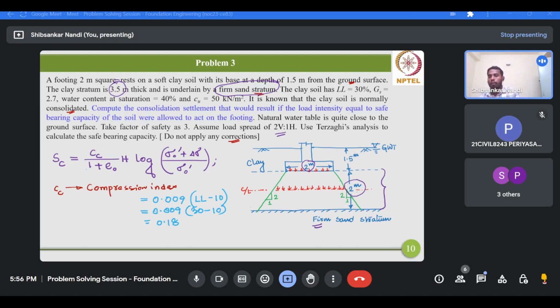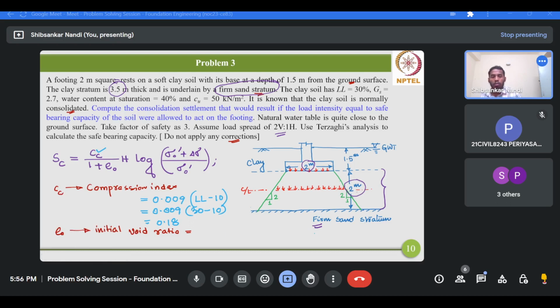Okay, this is the first term. Now what about this e0? This e0 is the initial void ratio. How can you calculate this value? You can calculate it utilizing the three-phase relationship.